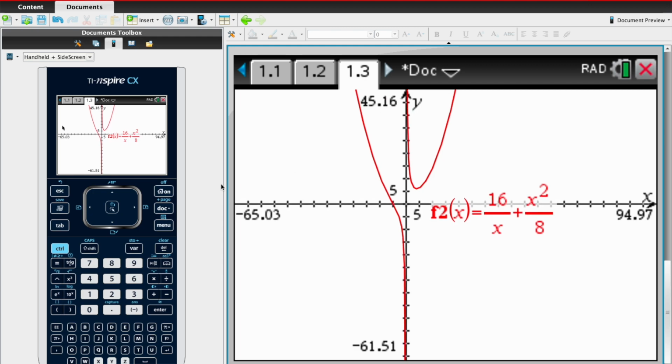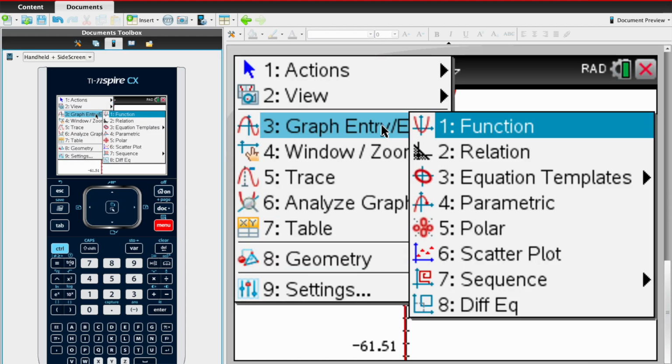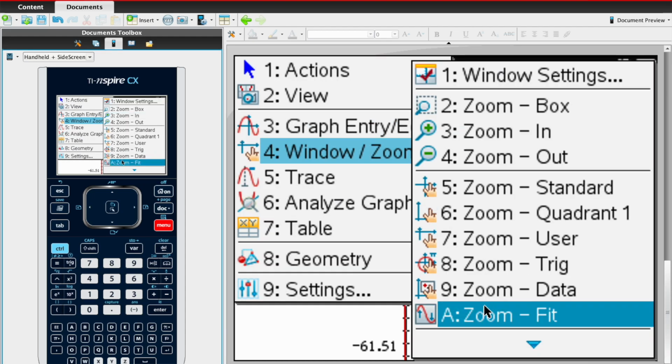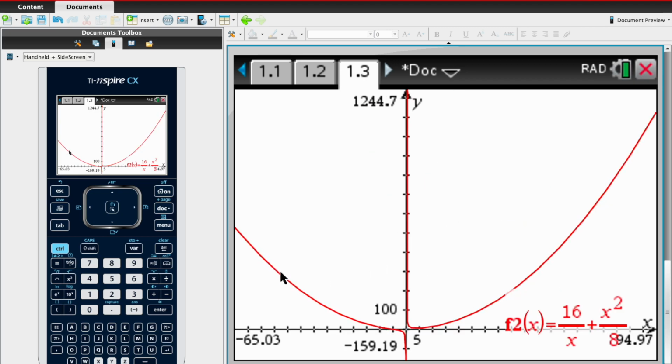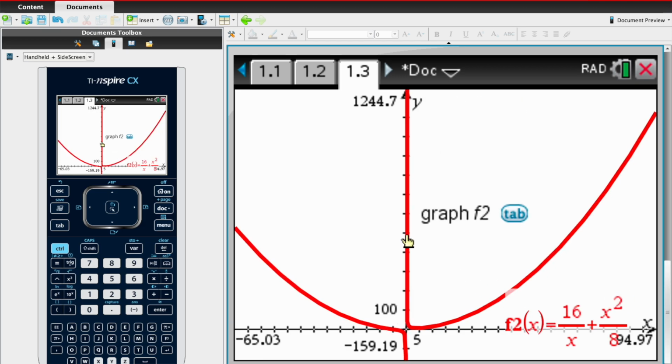So if we look for the asymptote, where do we go off into infinity? Actually, I should probably retrace that a little. If we do zoom fit, we see that you get a different idea. So where is the vertical asymptote? Right here on this vertical line, when in this case x is equal to 0.